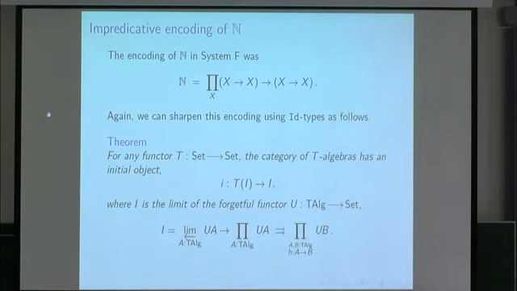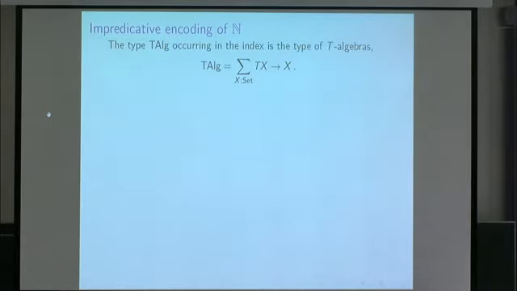Every endofunctor has a limit. So we're going to use that, and in fact, we're going to build the limit using products and equalizers, where the product is going to be using a pi type, of course, and the equalizer is going to be using an identity type. So I'll do that. I have a minute here to go through it.